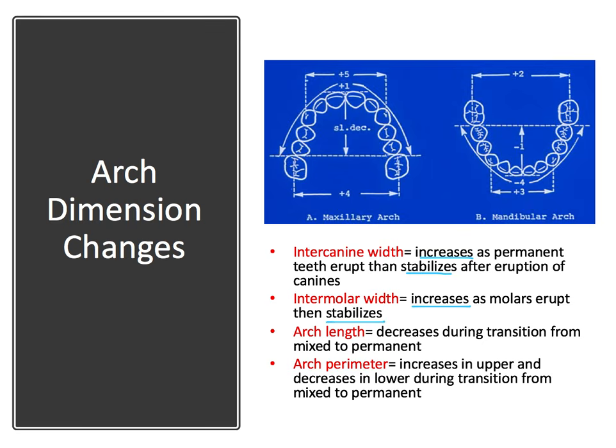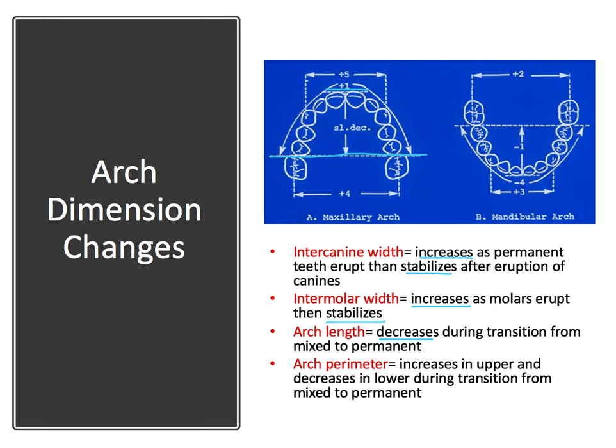For arch length, sometimes called arch depth, that's measured from the facial of the incisors to this line that's tangent to the mesial surface of the first permanent molars. And so this arch length will actually decrease during the transition from the mixed dentition to the permanent dentition. And that's true for both arches.